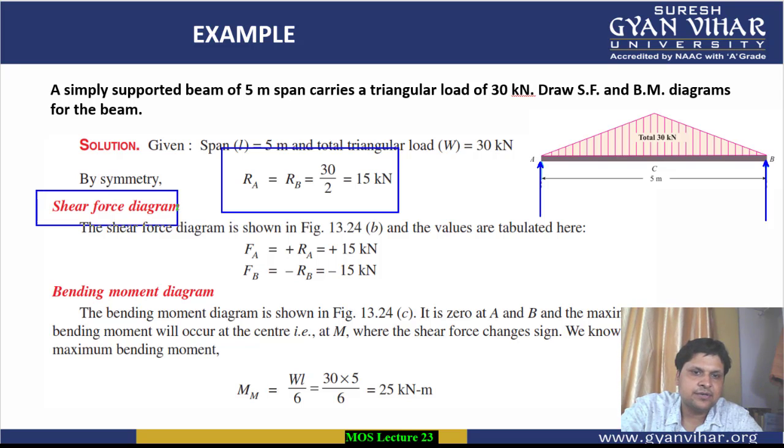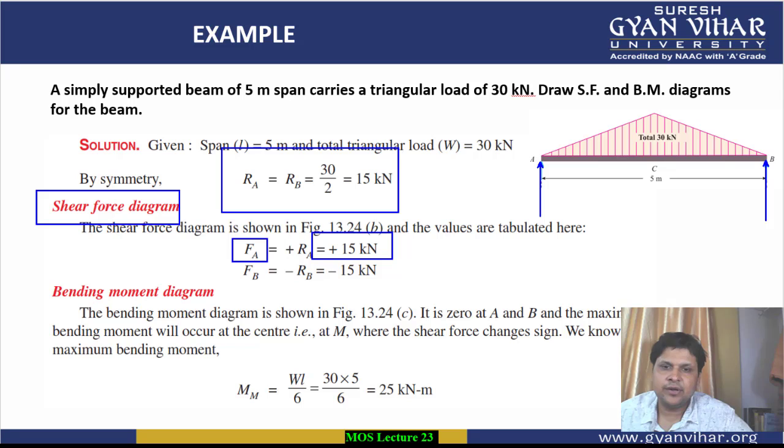Now drawing the shear force diagram, shear force at A will be equal to the support reaction at A, and it will be taken with a positive symbol because the forces on the left of the section going upwards are considered positive, and the forces to the right of the section going upwards will be considered negative. All right.